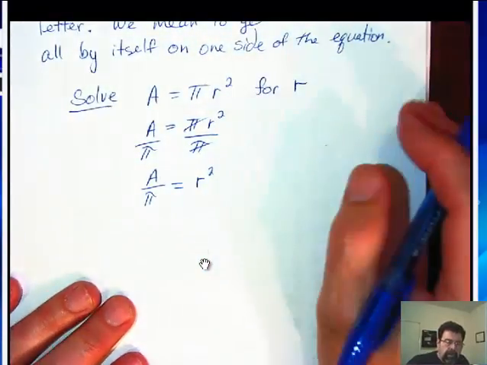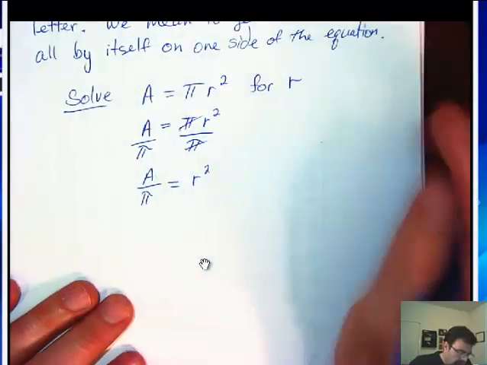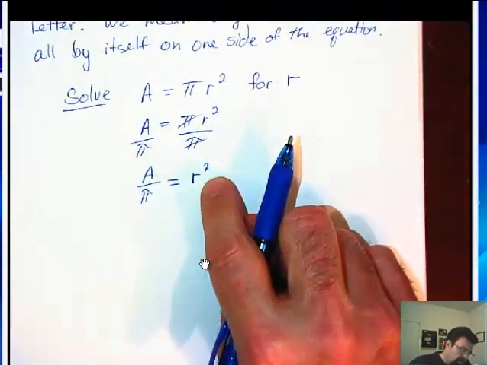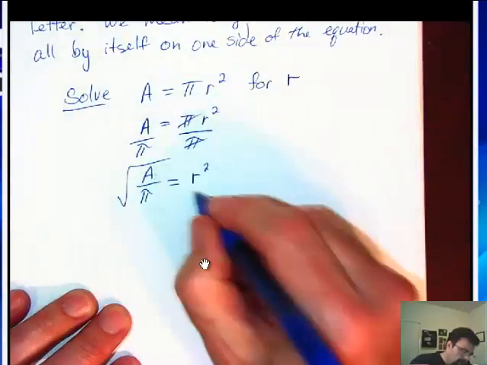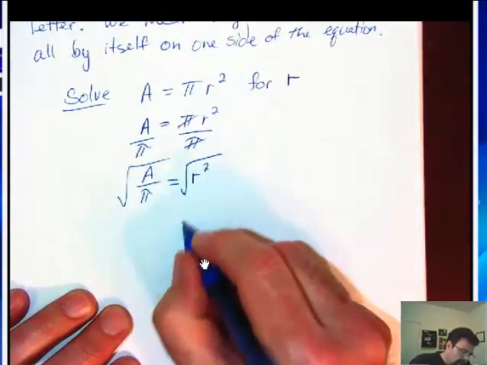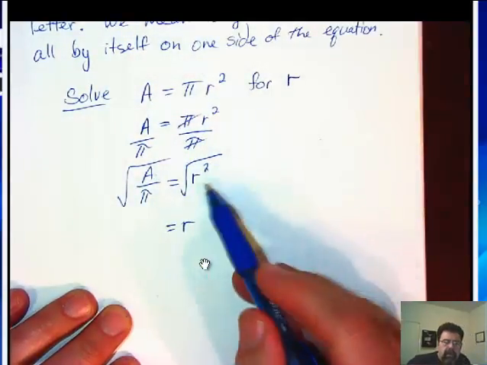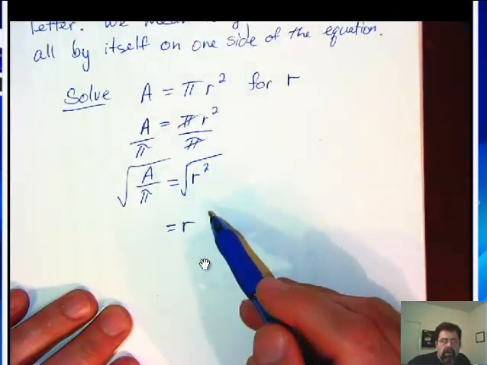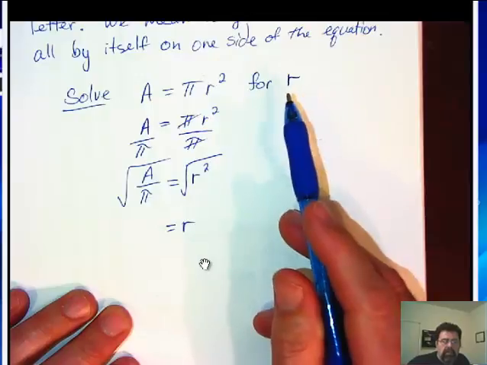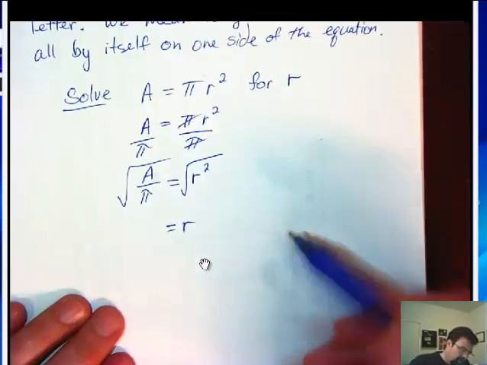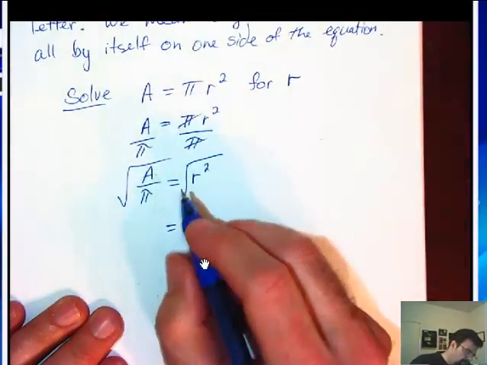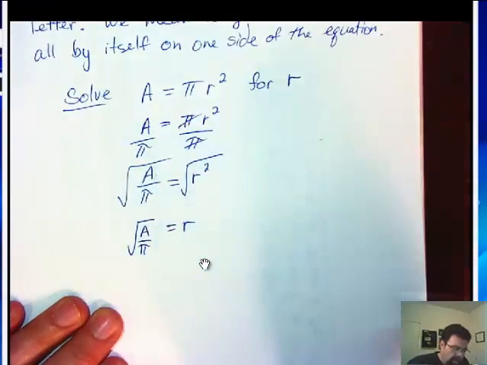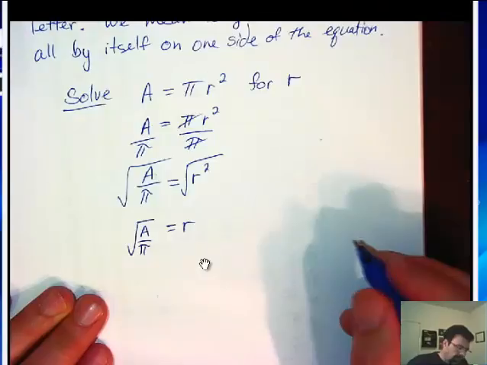I want to get r by itself, not r squared, so I'm going to square root both sides. Technically, the square root of r squared would be the absolute value of r. But since this is a geometry problem and r is always positive, we don't have to worry about the absolute value. Again, don't worry about that so much right now.